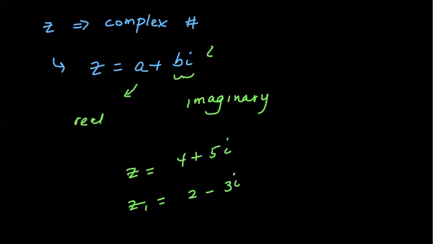This is the format in which we speak about complex numbers, and this is what it means. It's a combination of a real and an imaginary part. This is one number. This isn't two numbers. This is one number, and it's called a complex number.